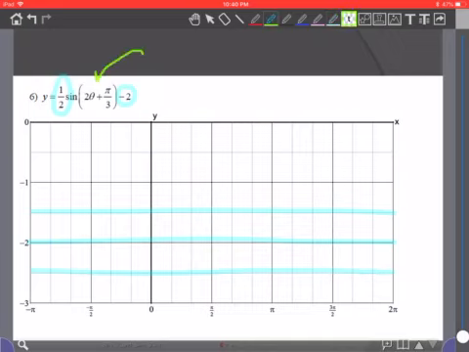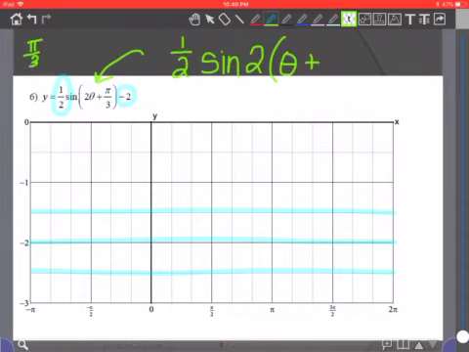Remember, if it looks like this, you want to rewrite it. So I have 1/2 sine 2. I want to put a parenthesis, theta or x, whichever one you want to use, plus, remember you have to do pi over 3 divided by the number that you're factoring out.